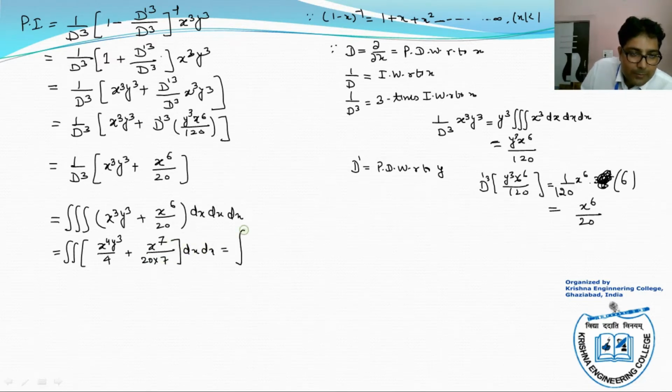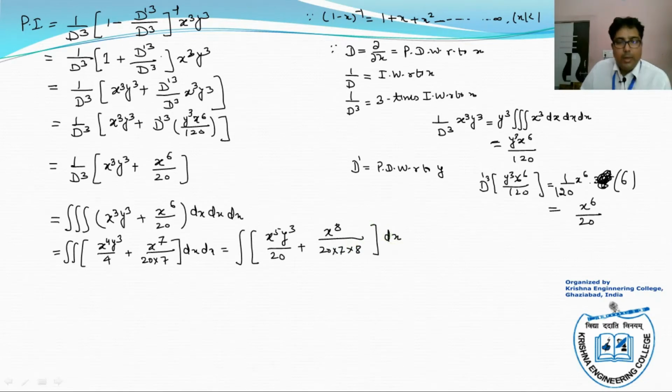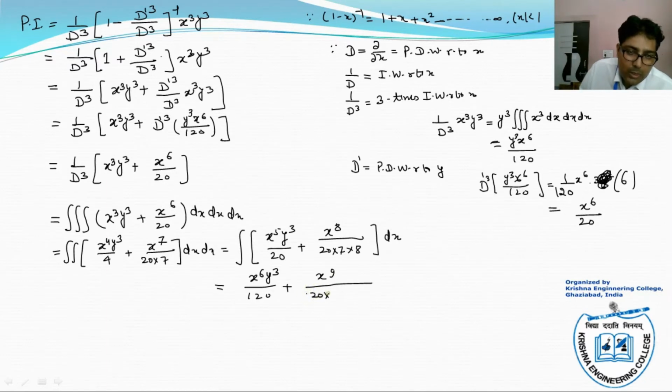Again integrate: the integration becomes x to the power 5 y cubed upon 5 into 4 plus x to the power 8 upon 20 into 7 into 8, dx. Again integrate with respect to x. This becomes x to the power 6 y cubed upon 6 into 5 into 4 plus x to the power 9 upon 20 into 7 into 8 into 9.